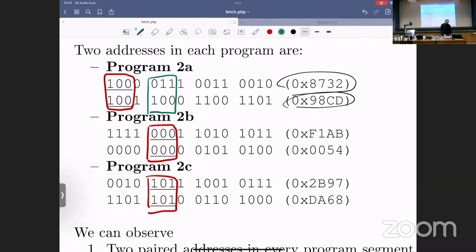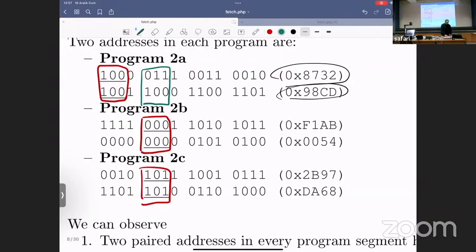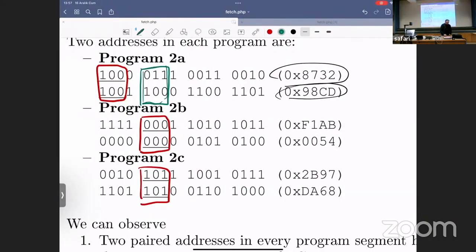We assume that these 3 bits identify the bank ID, and for 2B and 2C we see that these bits are common across the 2 addresses, and therefore they would be addressed to the same bank. But if we look at 2A, these bits are not identical, so these 2 addresses can be addressed to different banks. So that's one explanation, right? You can just say, okay, these 3 bits are the bank ID, and that's why 2A doesn't work.